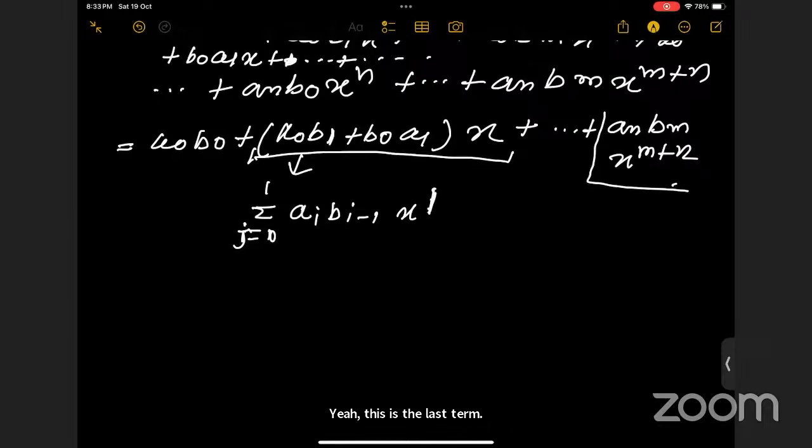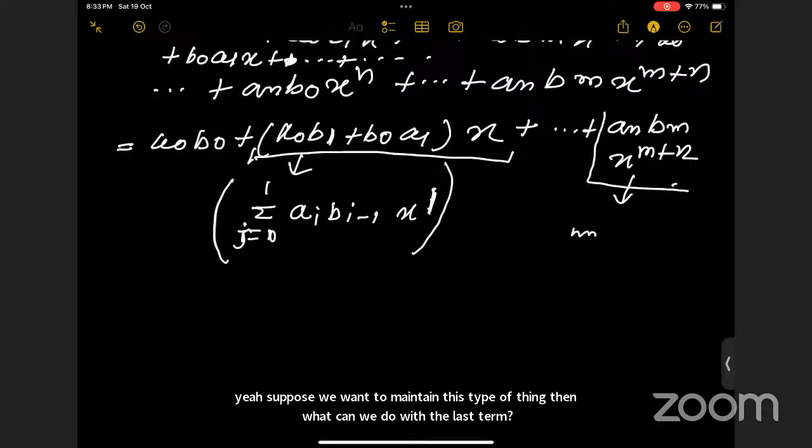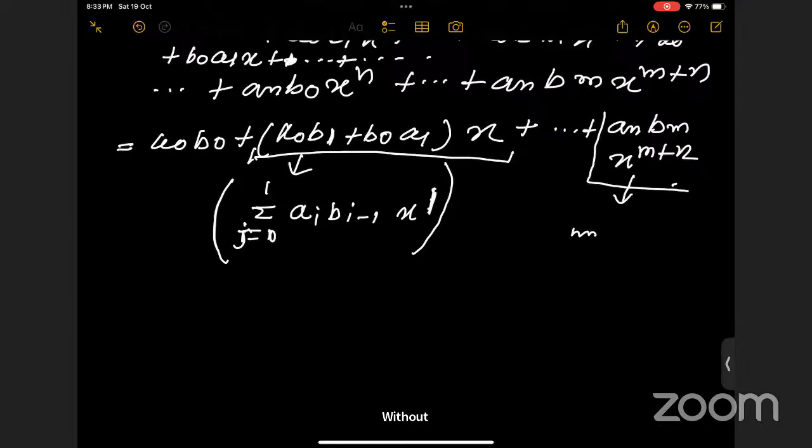Okay, ma'am. So suppose we want to maintain this type of thing, then what can we do with the last term? Without loss of generality, there is a summation, something which is bigger, right? So suppose m is greater than n.